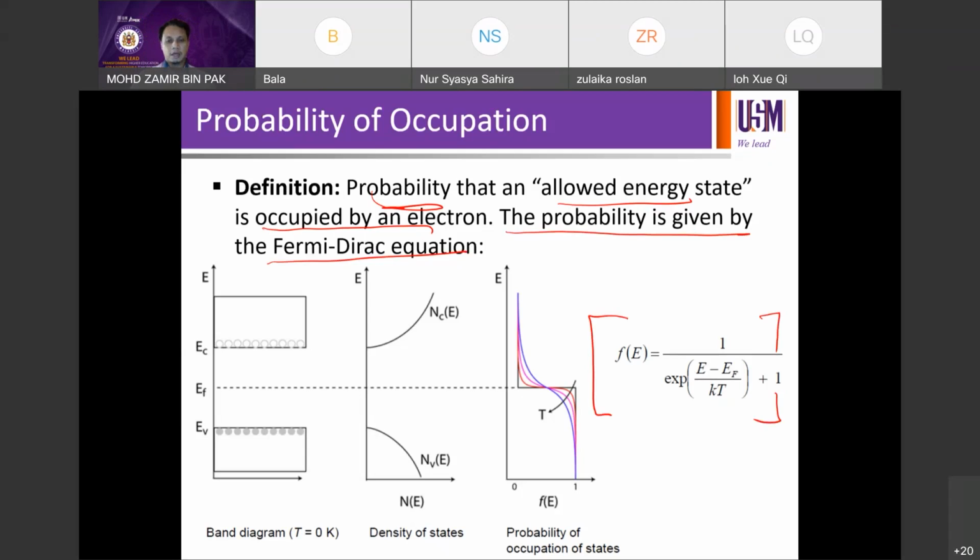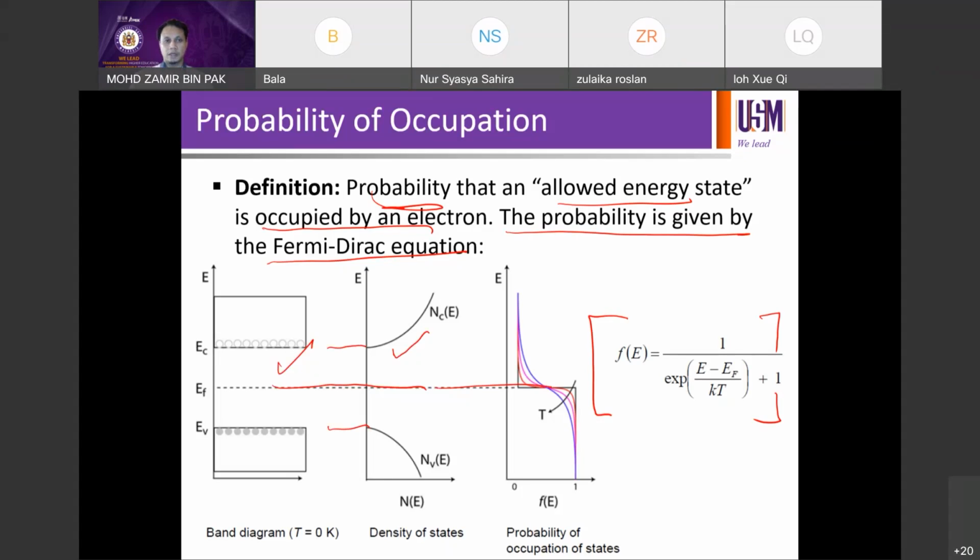So you've learned about the band diagram, and you have labeled everything. Second, you have drawn the density of states, and you have aligned everything, NC and NV, according to the band edges of the conduction band and valence band.